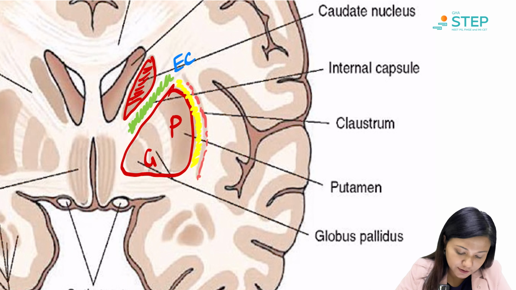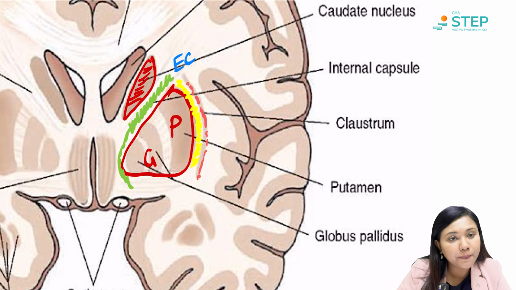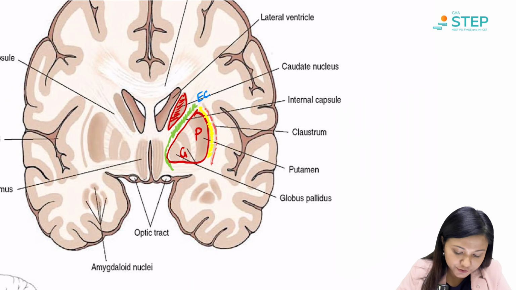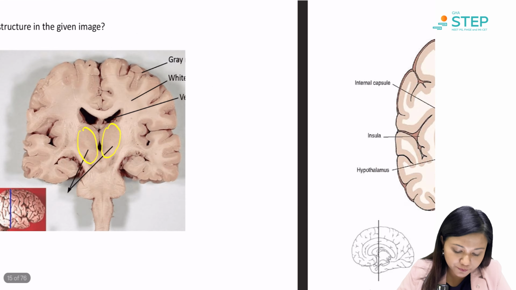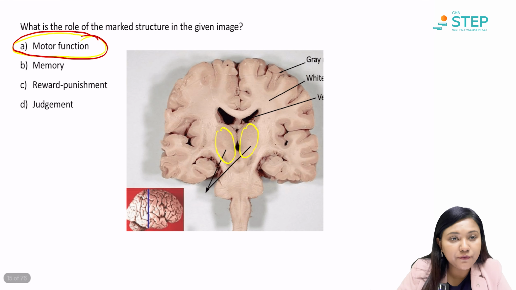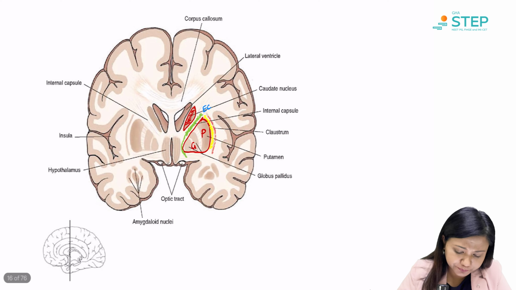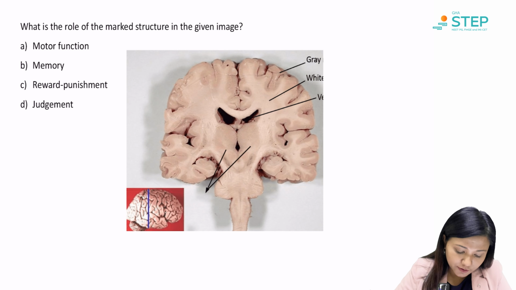This is the internal capsule. Okay, so I hope this question is clear to you. And the basal ganglia, as you know, is mostly related with your motor function and voluntary movement. So the answer here will be motor function.